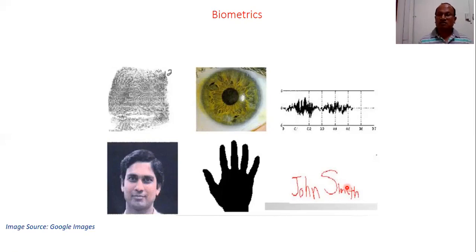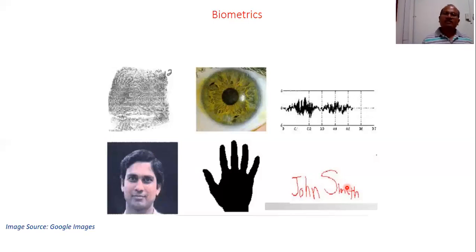That much uniqueness. 10 to the power 15 is more than the population of the world now. So see how much uniqueness has been created. In every person, the iris is unique. And therefore, iris is considered a very good, very authenticated means of biometrics.